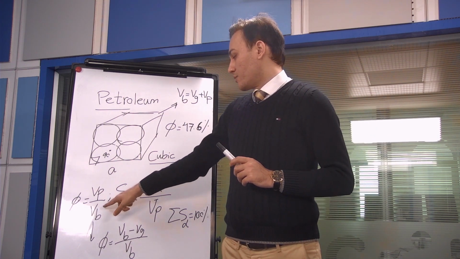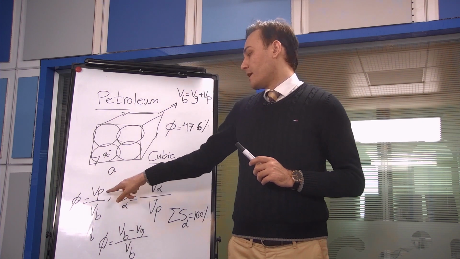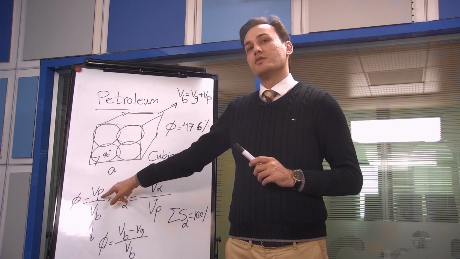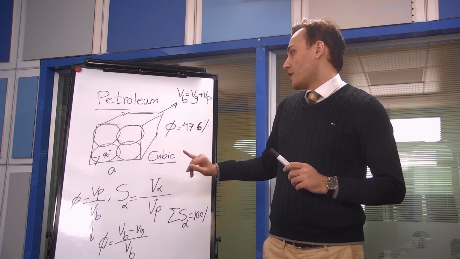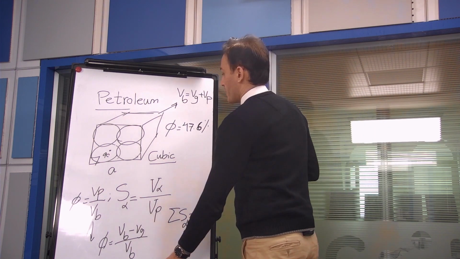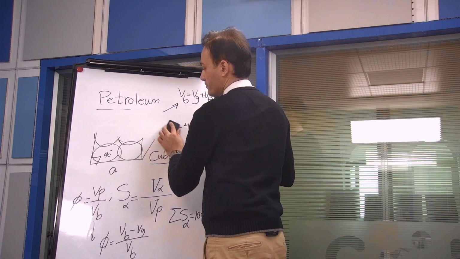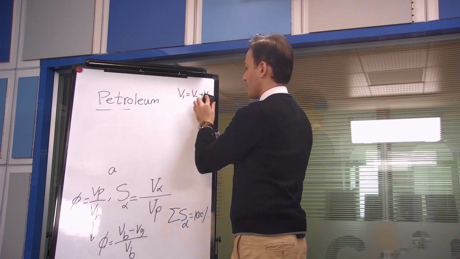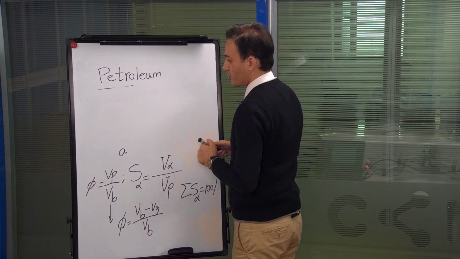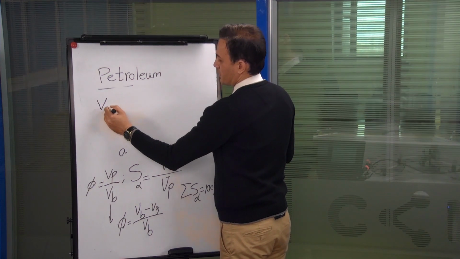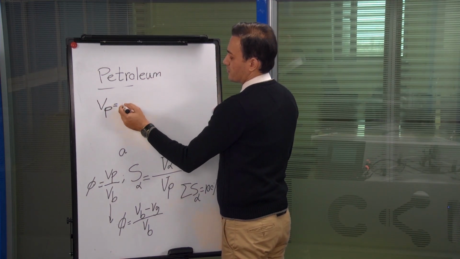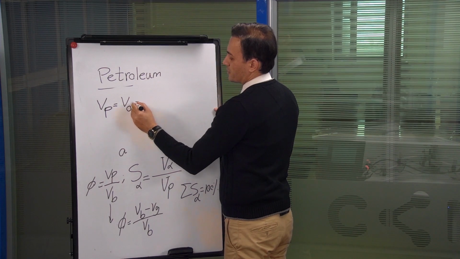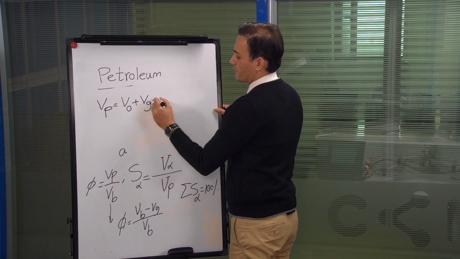We know that the porosity has this formula, and we know that pore volume is actually the sum of the volumes. So we can write it in this form, that the pore volume is equivalent to the sum of the volumes of the fluids there.